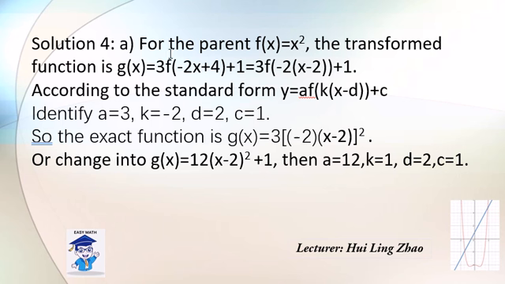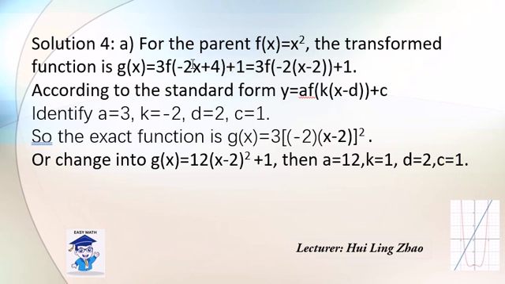Solution A. For the parent function f(x) equals x squared, the transformed function is g(x) equals 3 f of the whole (negative 2x plus 4) and then plus 1.